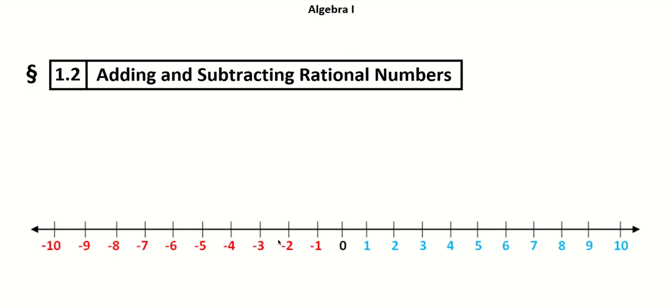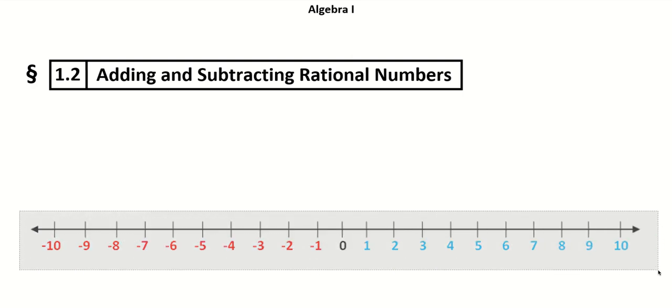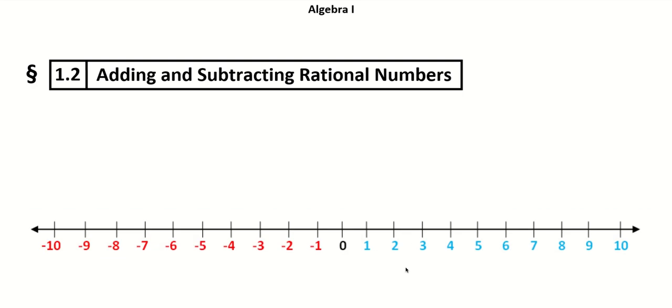When you're adding or subtracting numbers and there might be negatives involved, or you might get a negative answer, it sometimes helps to picture the number line and understand what's going on with negative numbers.